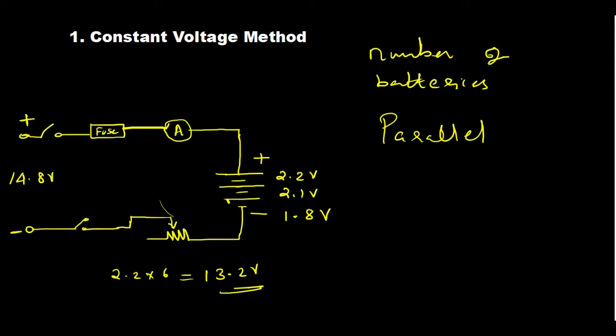Now we will see what the constant current method of charging is. In the constant current method, what we do here is, we should have a battery, because the battery is what we are going to charge. Positive terminal of the battery, negative terminal.